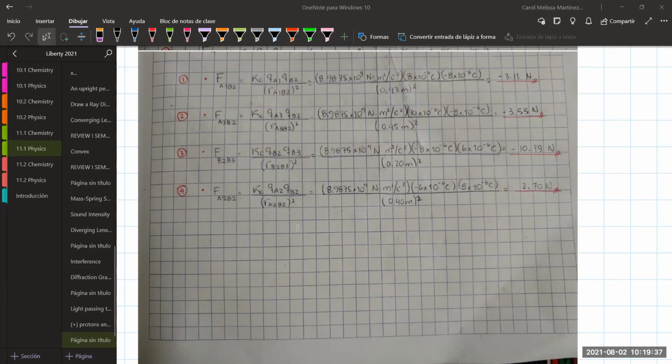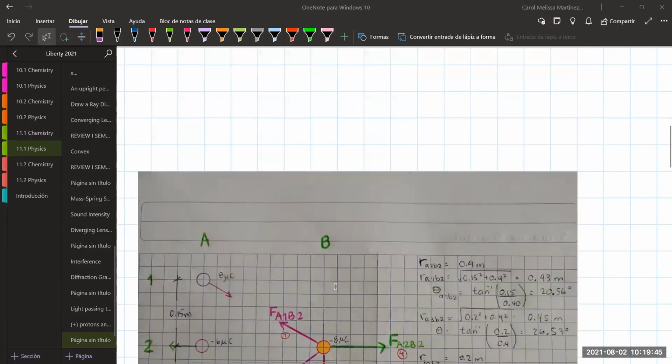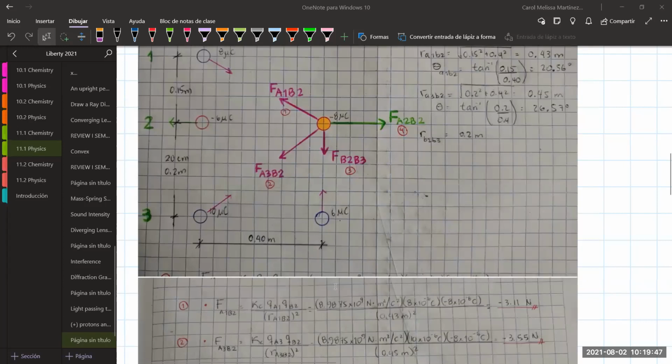So once you have the second force, you continue with the third force that says B2, B3. The force B2, B3 are only this one. This is my B2 and this is my B3, okay? So the force that I'm calculating is exactly this one, B2, B3. So the charges to consider are 6 microcoulombs, -8 microcoulombs, and the distance between the two of them, which is this distance right here, which is 0.20 meters.